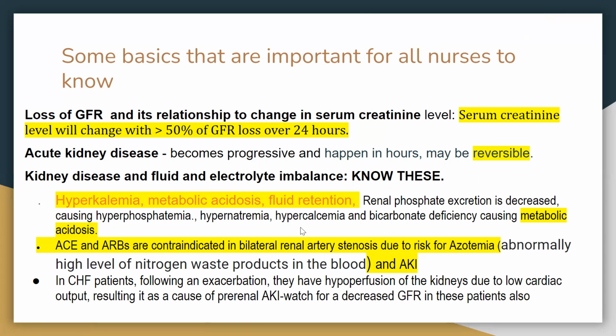Azotemia means abnormal levels of nitrogen in the blood. And that also has risk factors for AKI. Congestive heart failure patients have hypoperfusion of the kidneys because they have low cardiac output, and that puts them at high risk for acute prerenal kidney injury. Okay, acute prerenal is usually a congestive heart failure patient. They will also have a decrease in GFR.